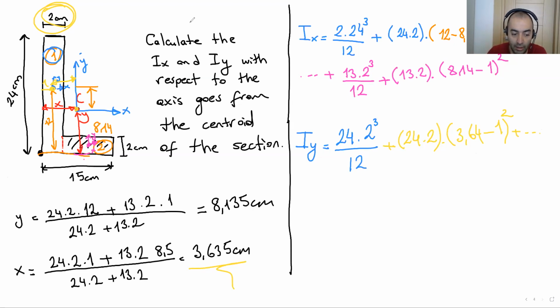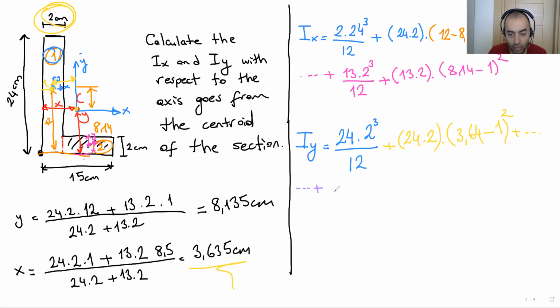Let's do it for member 2. Here we have a rectangle. It has a local y-axis. So we are going to do our calculations according to this one. Let's do it first.